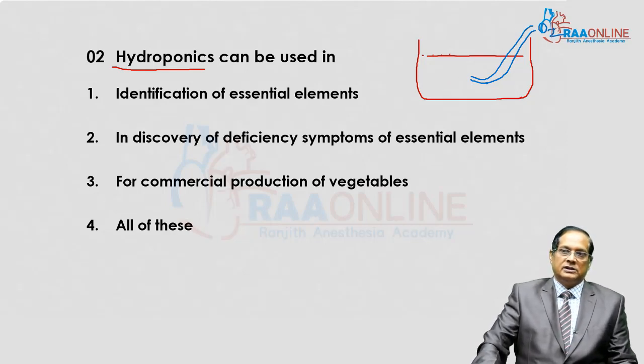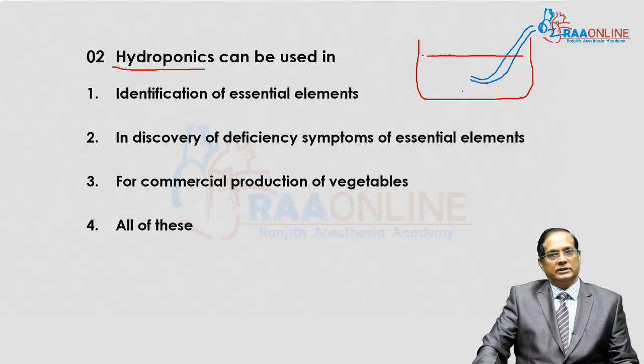It supplies air in this water, because oxygen is required for the respiratory activity of the plant, and roots also perform respiration. So in this water minerals are there, and this device is for the circulation of air.